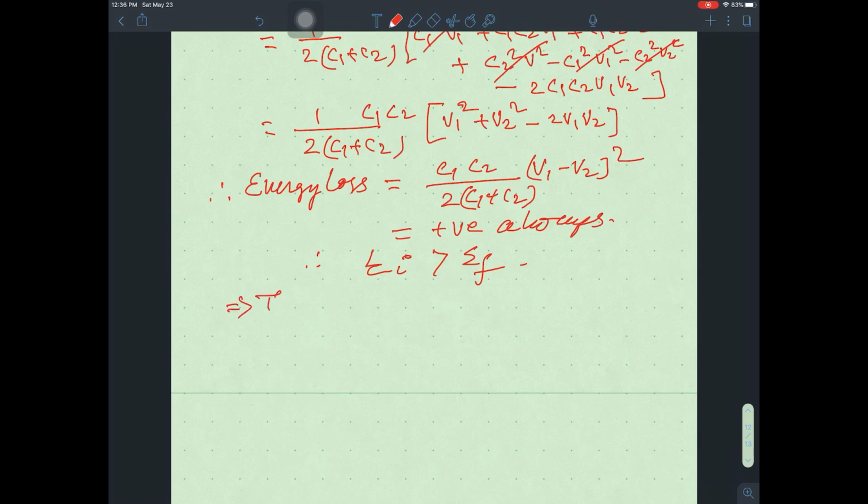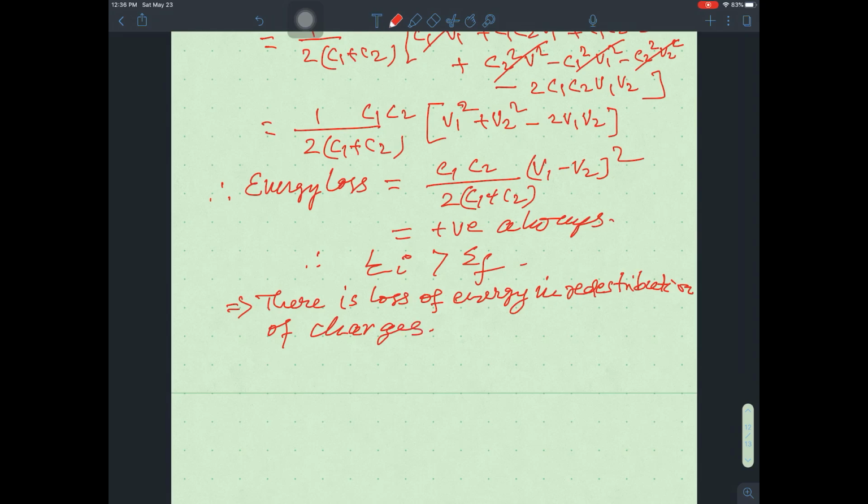So this tells about the loss of energy in redistribution of charges. And this is the expression for your energy loss when two charged capacitors of different capacity are connected.